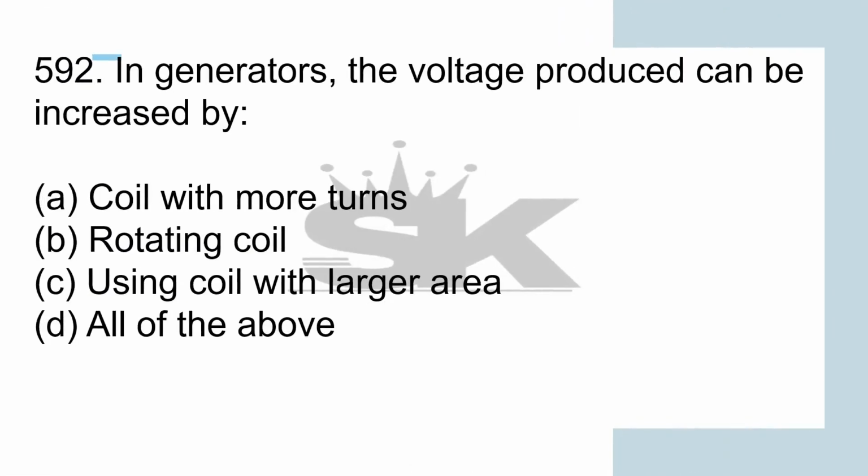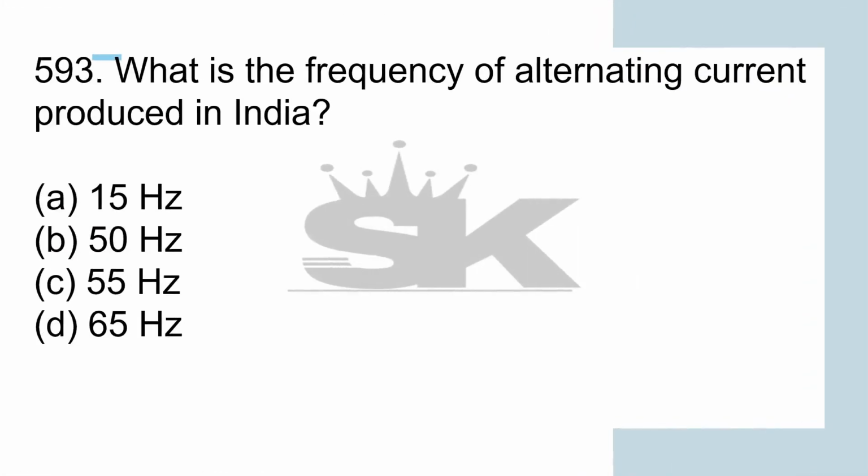In generators, the voltage produced can be increased by. Answer is all of the above. Okay, I have discussed it before. What is the frequency of alternating current produced in India? Answer is 50 Hz. Okay.